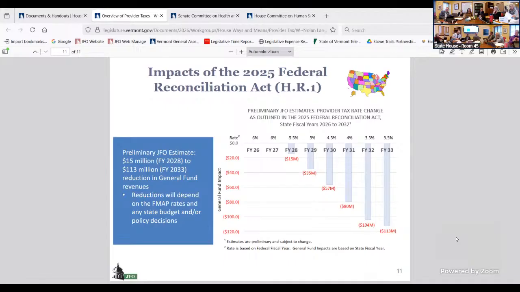There was one that changes the redetermination period from 1 year to 6 months, which means that people have to put more paperwork in more often to stay on the rolls. All those are things that will reduce Medicaid populations.